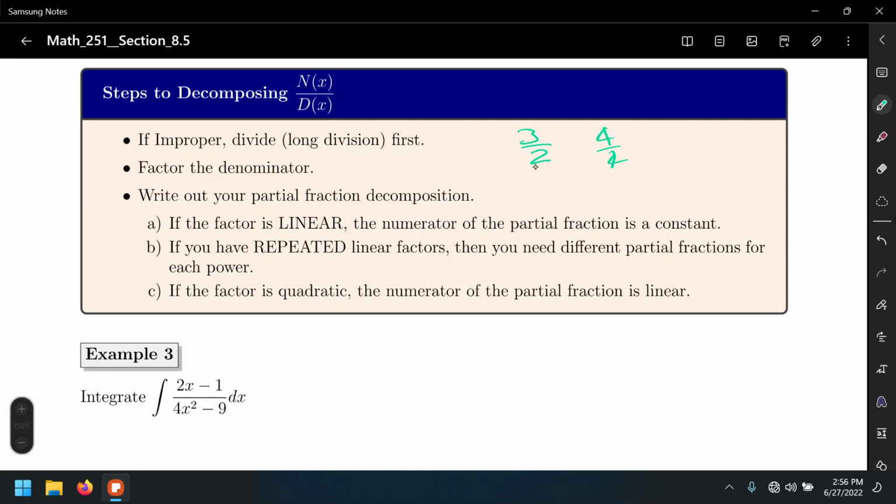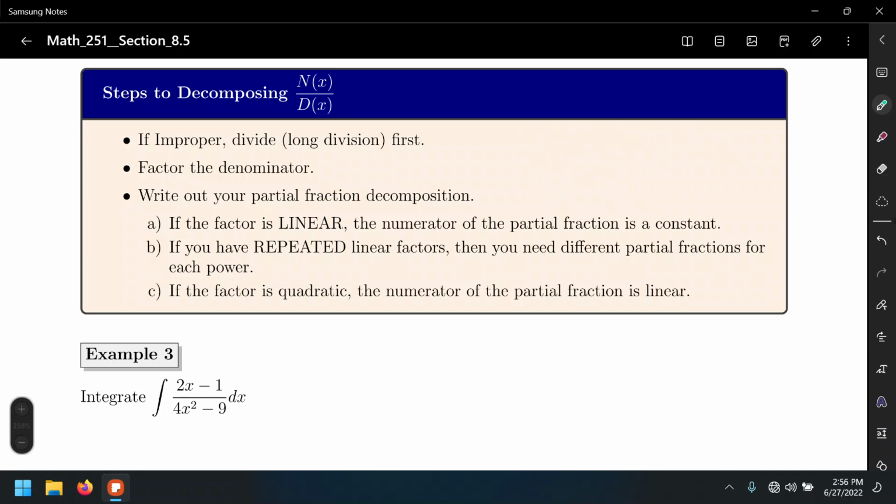Technically, 4 over 4, which ends up being an integer, you can think of as an improper fraction because it's no longer a fraction, it's an integer. In those cases we reduce it to 1. Quotient plus remainder over divisor, that's the format when we divide numbers. Well, polynomial long division, so that's the first step.